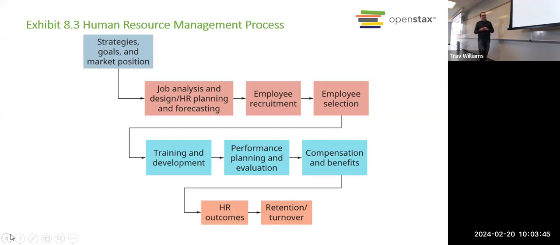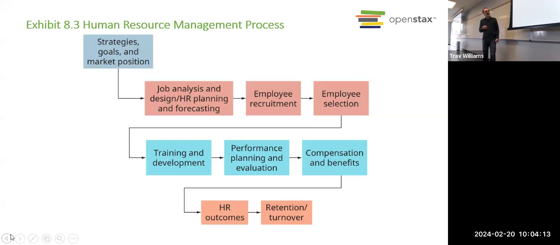So if there's a factory that makes the candy bars, it might be the supervisor of the factory that evaluates the performance of the employees in the factory. But HR helps that supervisor know how to do that. So it's really a collaboration between HR and the managers throughout the company.